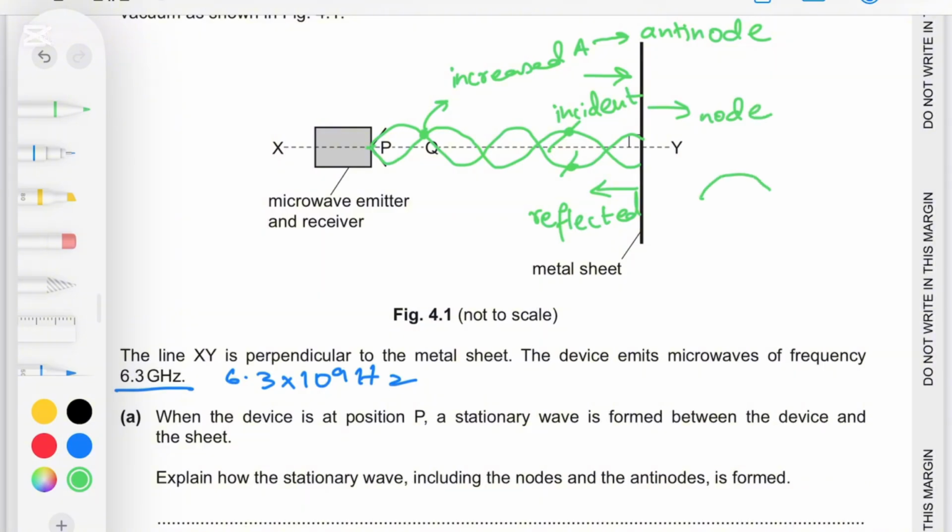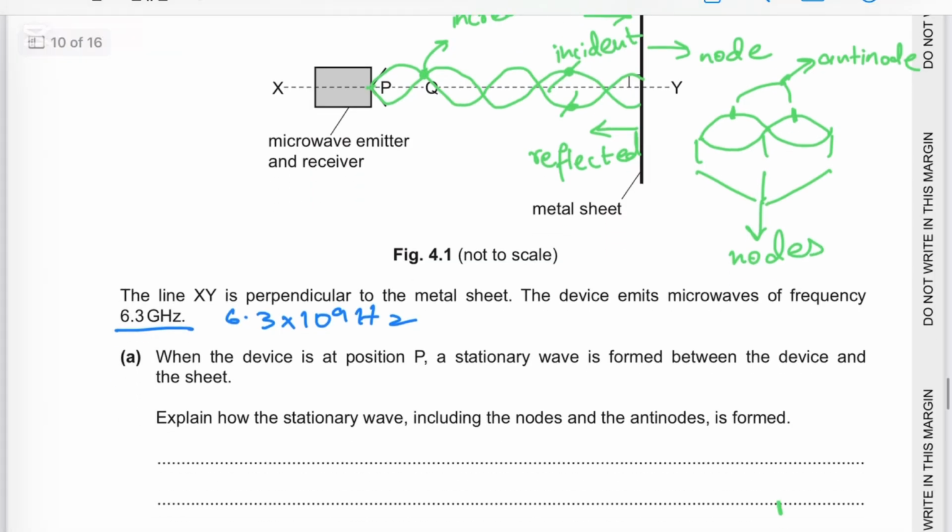The standing wave would look something like this, where these are the areas of maximum amplitude, the antinodes, and these points are all the nodes, the areas of minimum or zero amplitude.